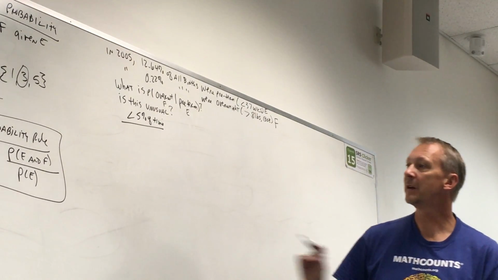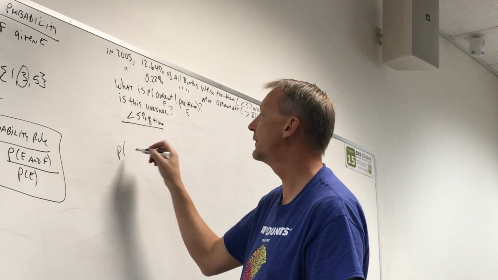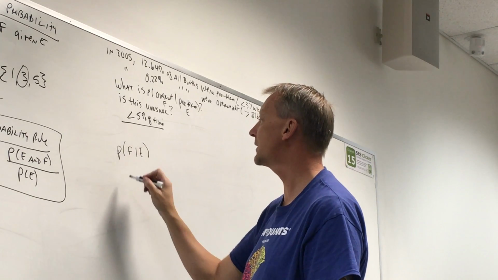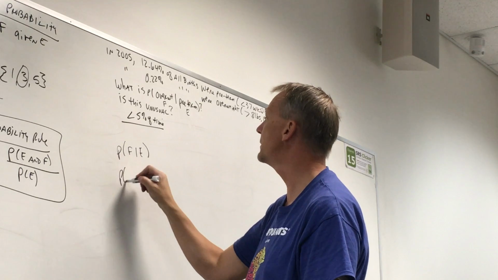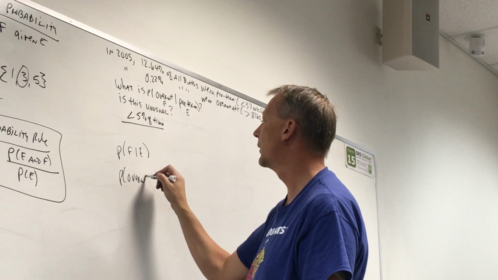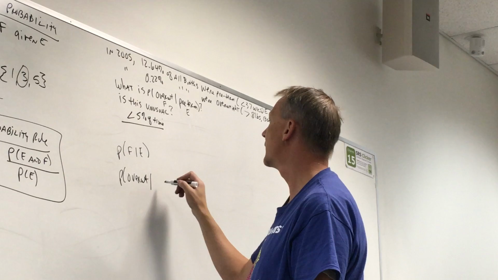Because we want the probability of F given E, which in this case is just what I asked for, the probability that they're overweight given that they're preterm.